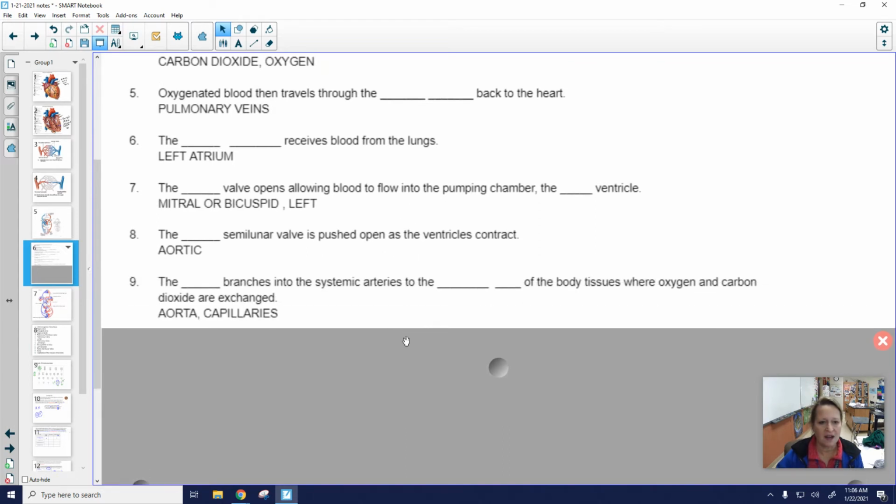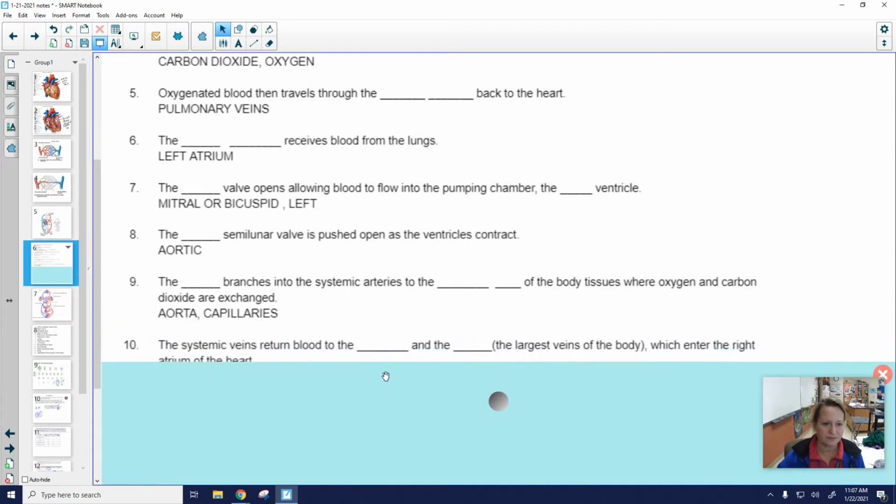The aorta branches into systemic arteries, and they connect to the arterioles, which connect to the capillaries of the body tissues, and that's where oxygen is going to diffuse into the tissues and carbon dioxide is going to diffuse out and go into those capillaries.